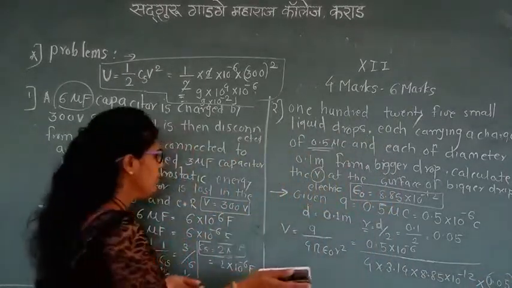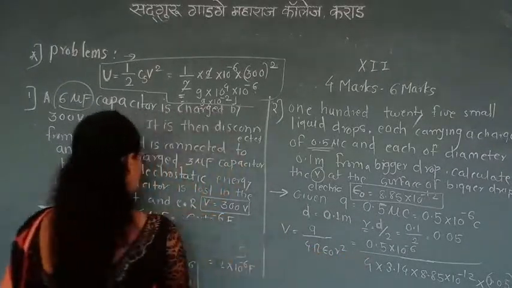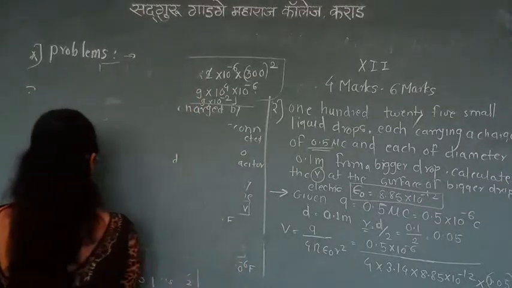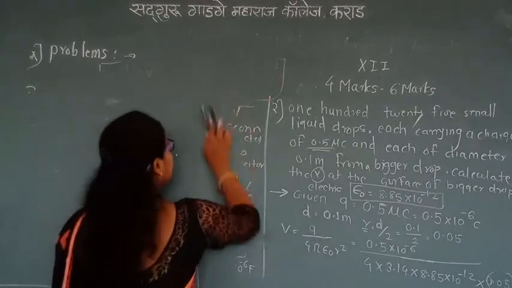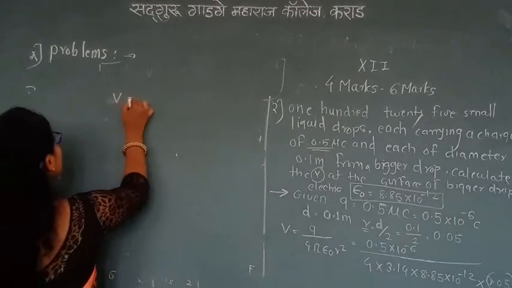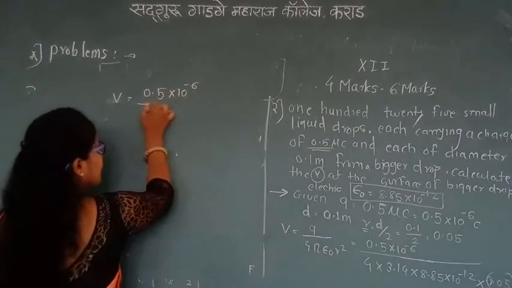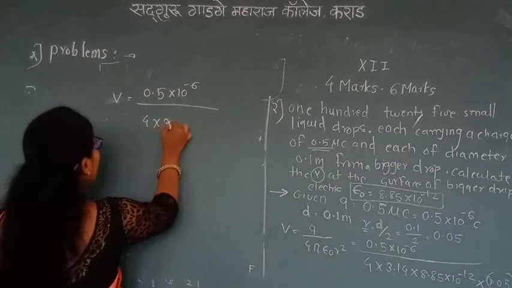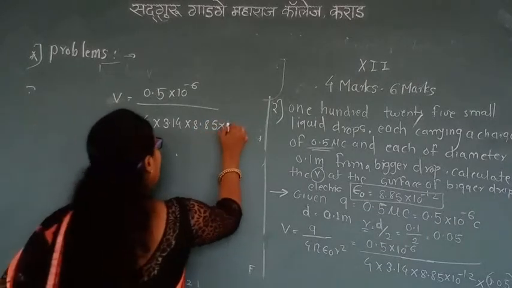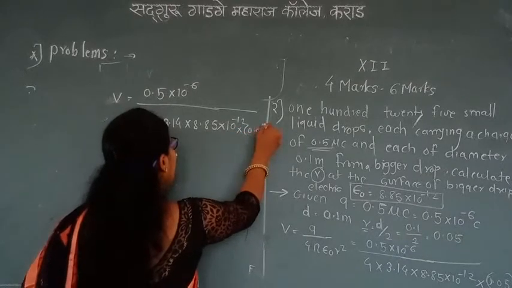Substituting all these values, V is equal to 0.5 into 10 raised to minus 6 divided by 4 into 3.14 into 8.85 into 10 raised to minus 12 into 0.05 bracket square.